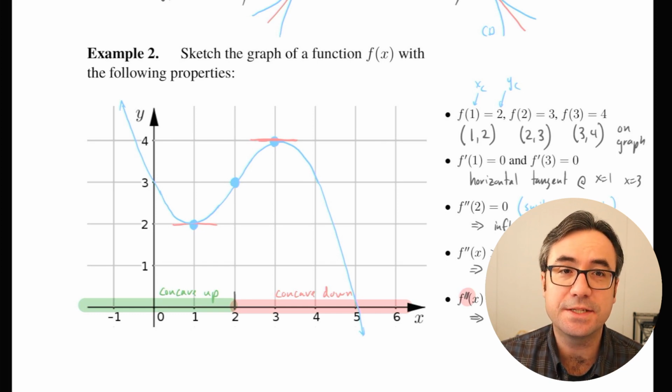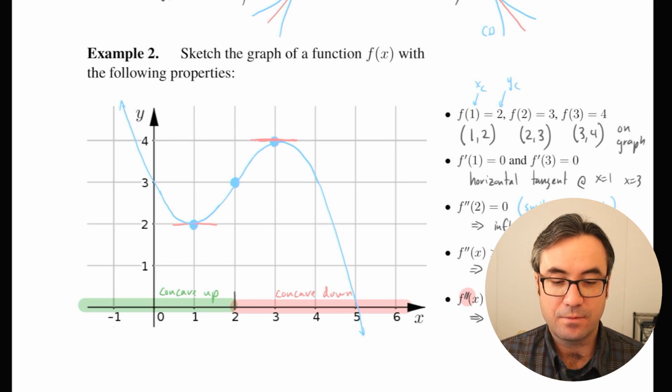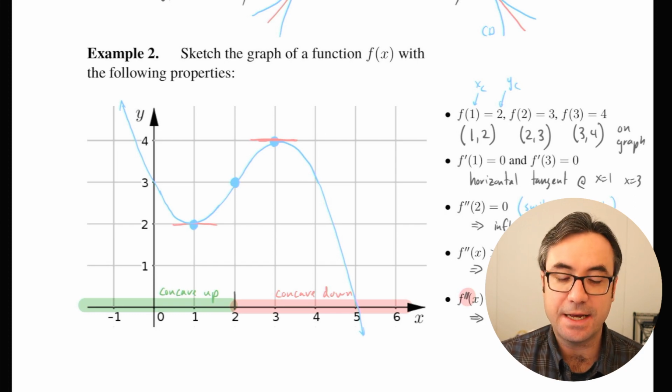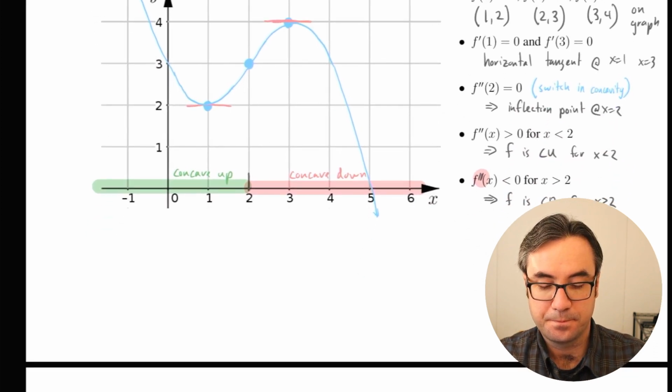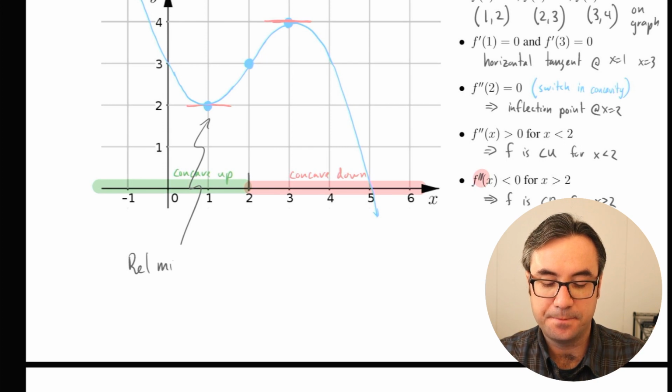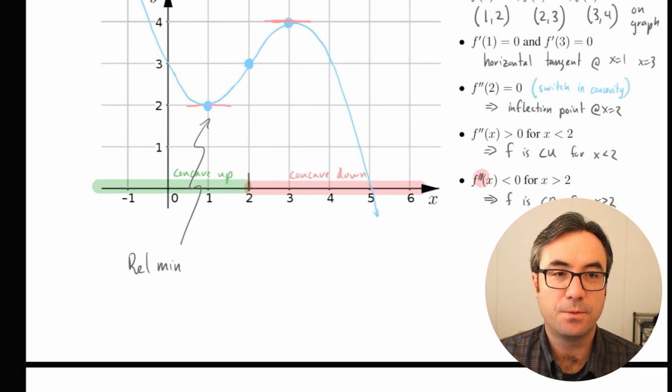And this is not coincidence. This is what we're going to see always has to happen. So we have a relative min at x equals 1.